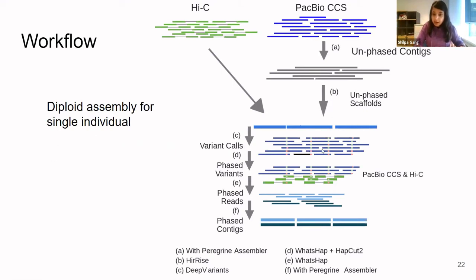Further, we remap the HiFi reads to call the heterozygous SNPs, and we use the heterozygous SNPs to partition the HiFi reads and the Hi-C reads into two sets, and then assemble them separately to get the phased contigs here. And we were interested to know the runtime of this workflow. So we, for the first time, can run this analysis within a day.